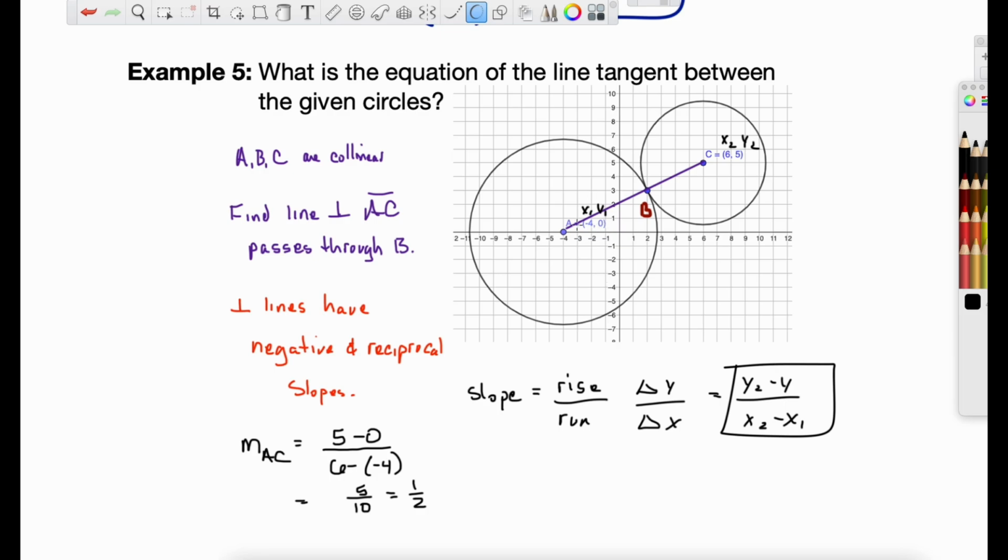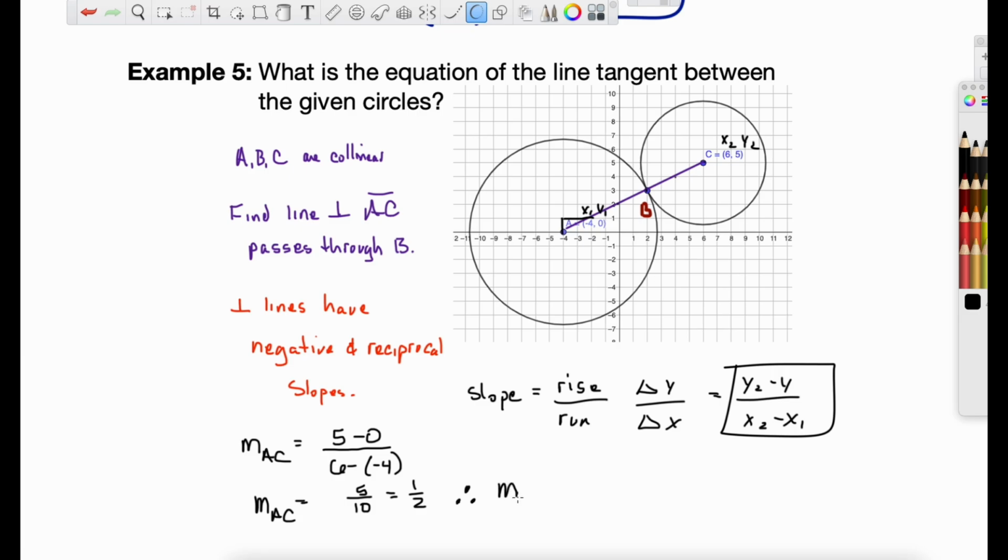Visually, we already determined that we are going up 1 over 2 the whole way along this segment. So this is our slope for segment AC.